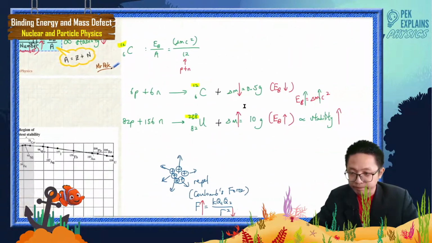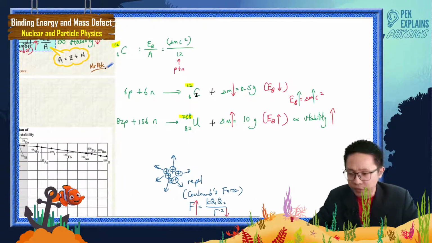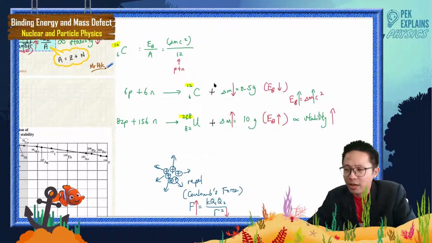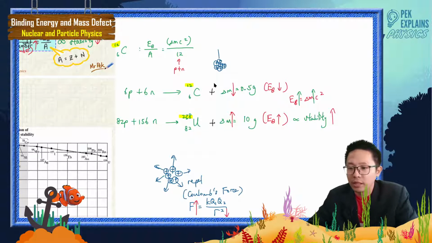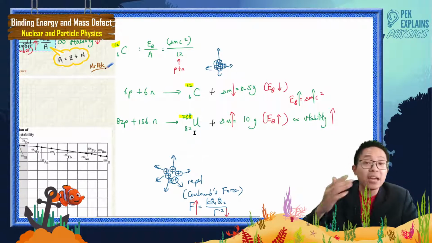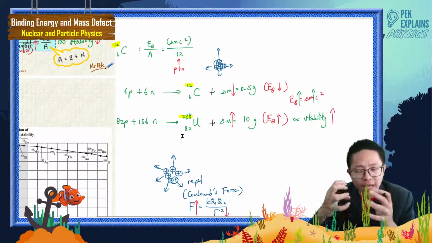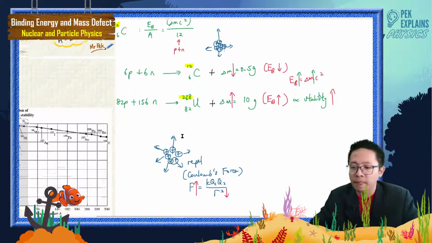Because carbon has just 6 protons. Only 6 protons repel each other. But uranium has 82 protons, very close, tightly packed in the nucleus.